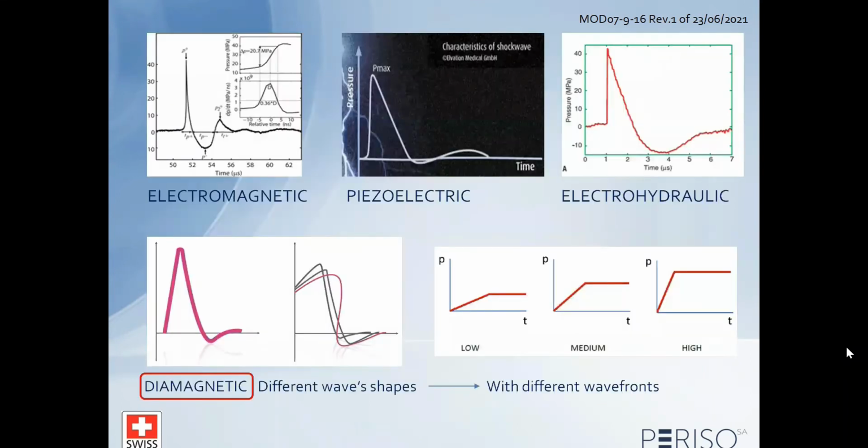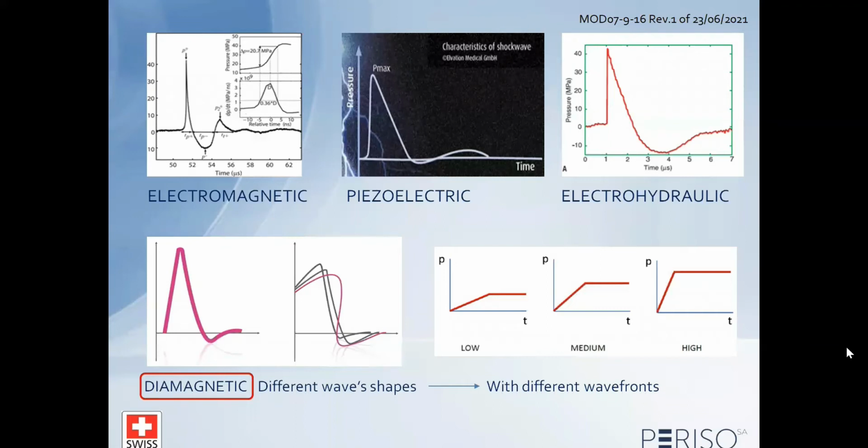What is different also from other kinds of technologies is that the diamagnetic shockwave can be modulated with different shapes. The other kinds of technologies have only one type and one shape of shockwave.